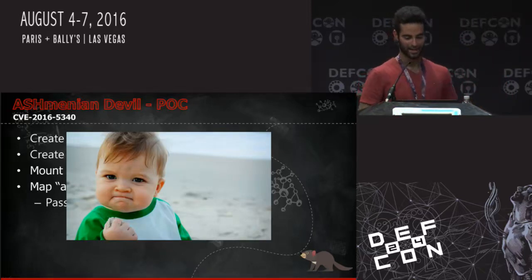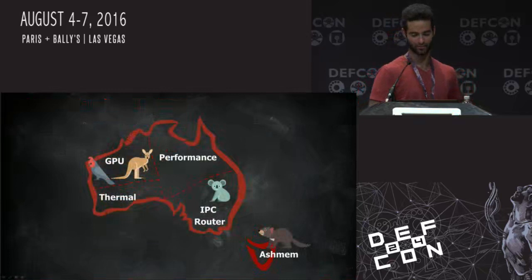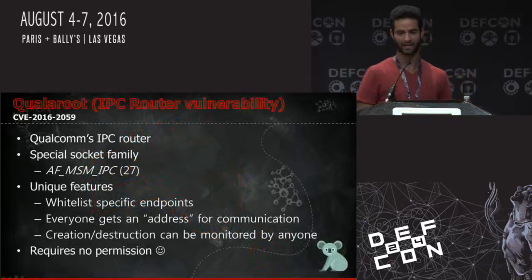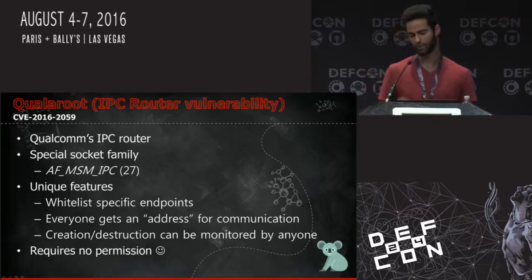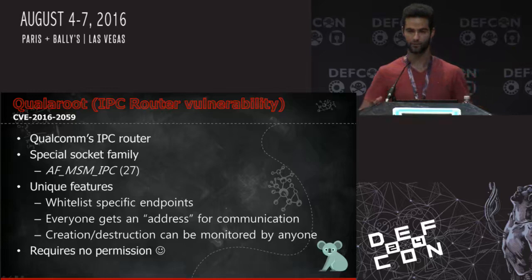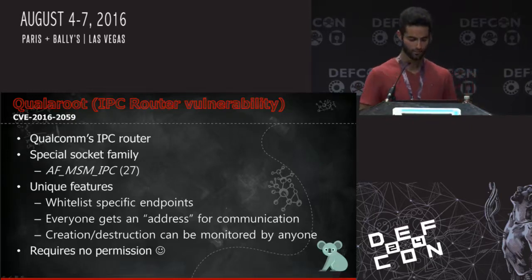Okay, so now going to the second vulnerability, Koala root. Koala root is a vulnerability in the IPC mechanism of Qualcomm. It's basically a new address family in the system, AF_MSM_IPC. But it has some unique features. For example, I can whitelist or blacklist other sockets in the system and filter them by the group ID or other properties.